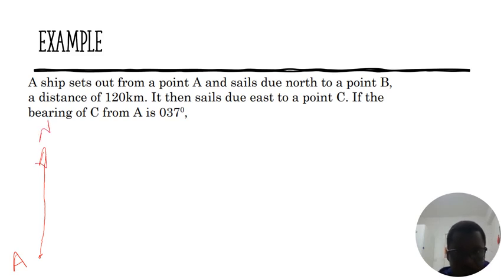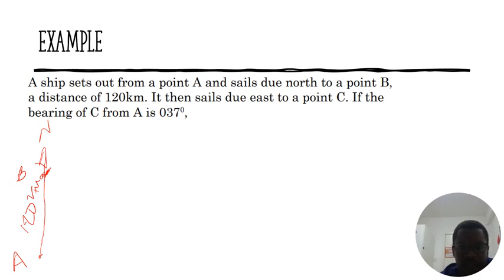That's your north. To point B. Okay, that's point B, at a distance of 120 kilometers. Okay, 120 kilometers.